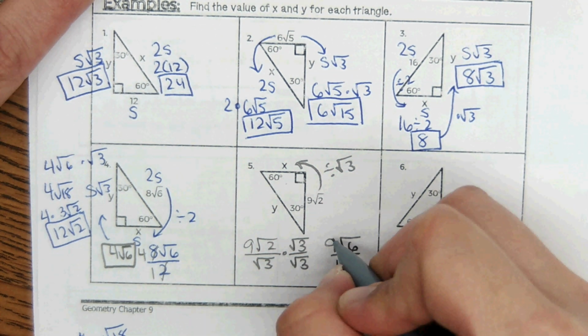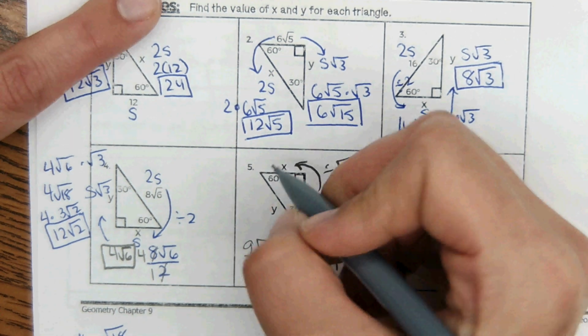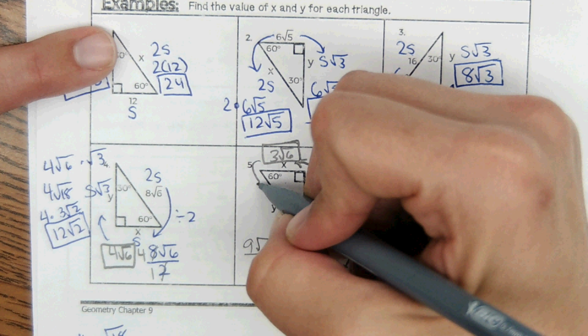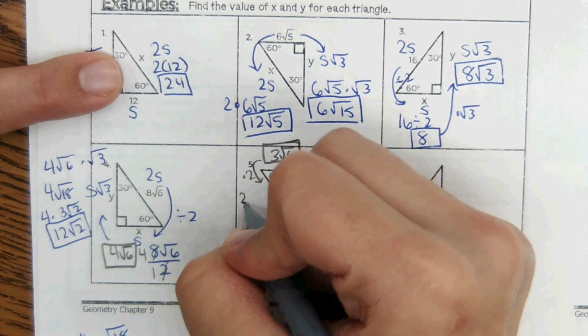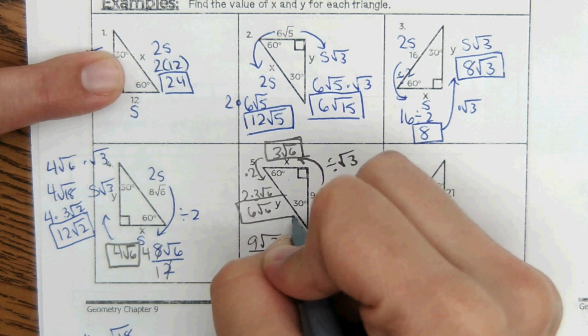Then simplify this, divide by 3. We get 3 square root of 6. So that's the answer here. And then to go from short to the hypotenuse, we multiply by 2. So that would be 2 times 3 square root of 6, which is 6 square root of 6.